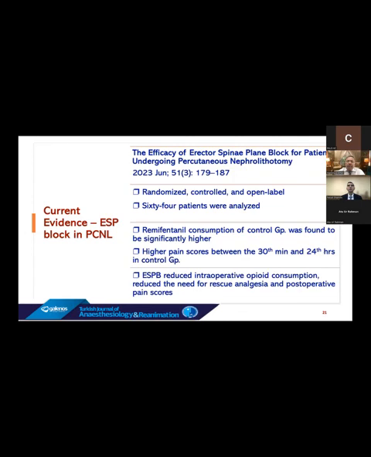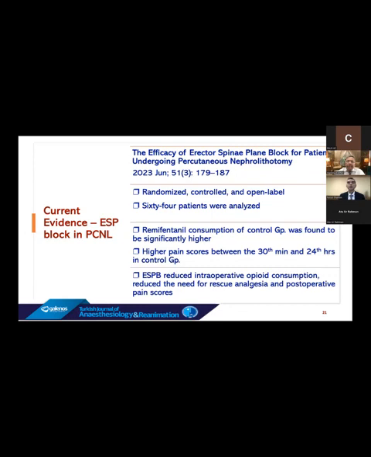When I searched PubMed, about 3 pages of different studies came up. I picked a few which are recent and have some conclusions, like this study published in 2023 in the Turkish Journal of Anesthesiology and Reanimation, on the efficacy of erector spinae plane block for patients undergoing PCNL.